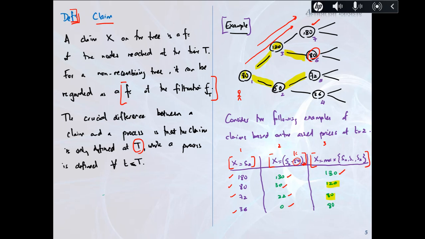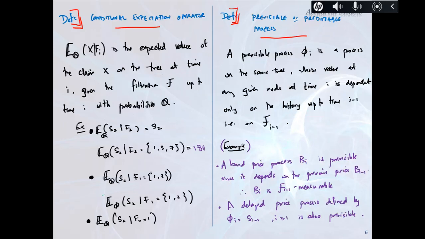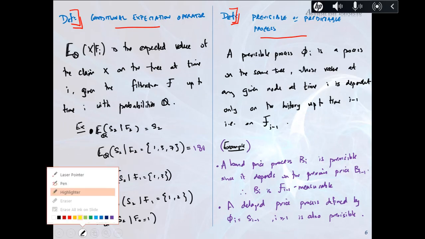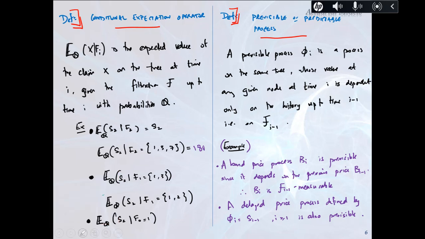And the fourth route is also 80. So these are different examples of the claim. So you will understand that it is a function of what has happened up to maturity and including the maturity. So the payoff that we used to employ for the European call option, even for the American call option, is a claim. Good. So it's important to know these technical jargon terms.